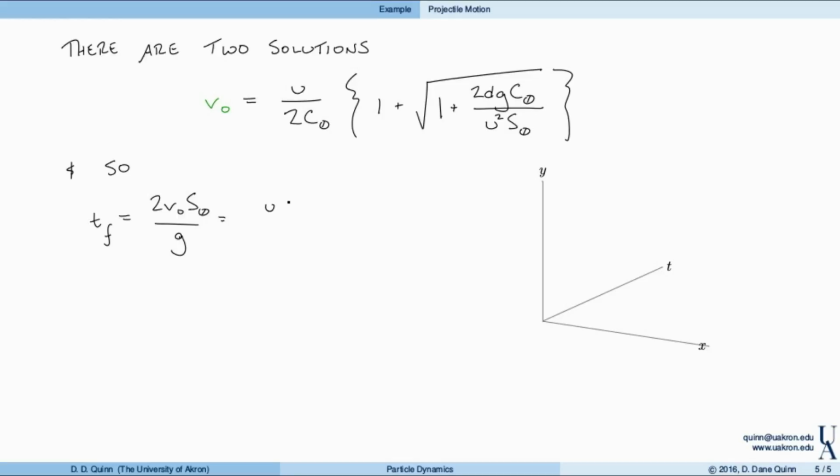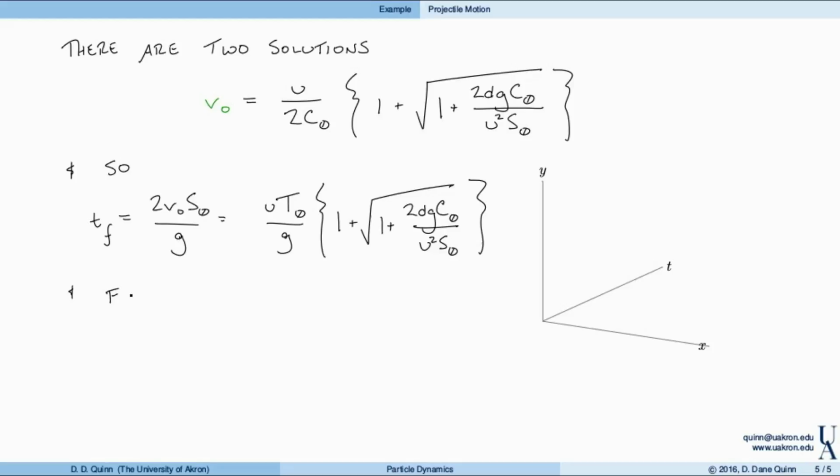So we'll write this as u times tangent of theta divided by g times 1 plus square root of 1 plus 2dg cosine of theta over u squared sine of theta. So this is the final time at which the ball lands in the cart.